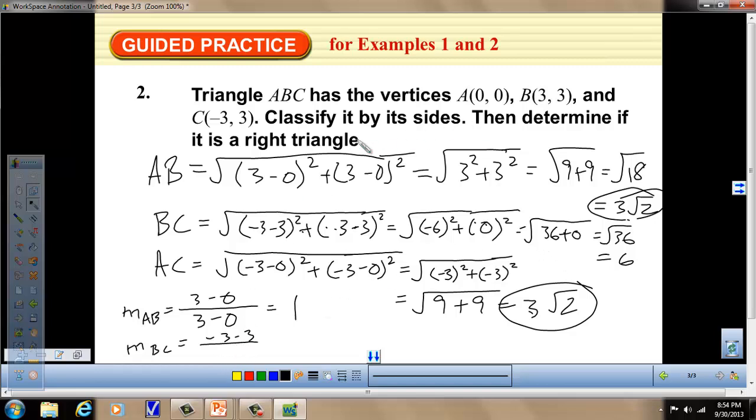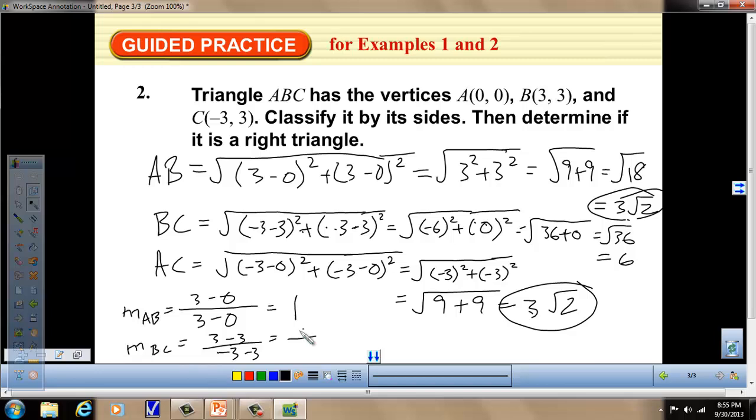So for the slope of BC, I've got that the wrong way. Let's see, we've got 3 minus 3 over negative 3 minus 3.